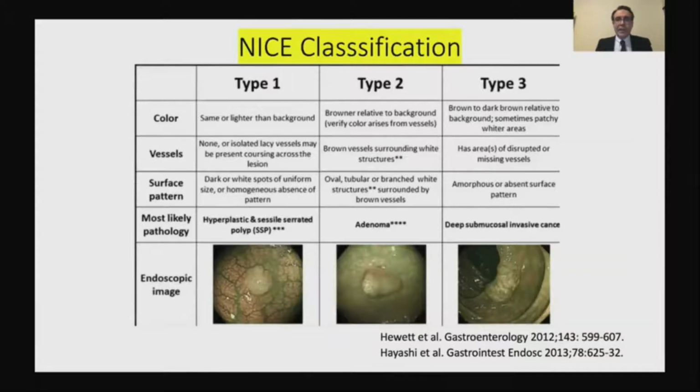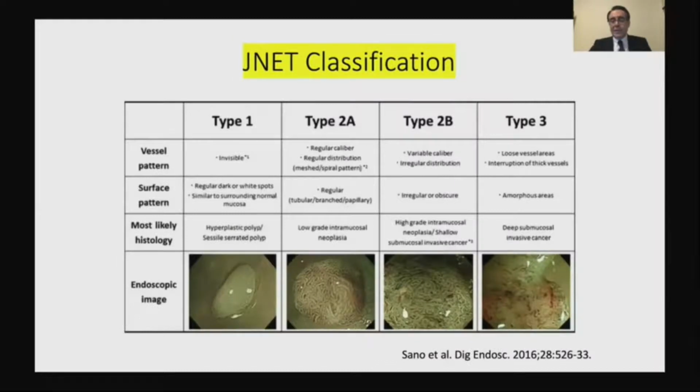There are different classifications for the assessment of the pattern, not just the pit pattern, but also the vascular pattern with virtual chromoendoscopy. This is one of the first classifications described, a nice classification, which is easy to use, but it's not very useful probably in order to determine if the lesions have high-grade dysplasia or subtle invasion, or if there is a deeper invasion in which endoscopic or local treatment wouldn't be acceptable.